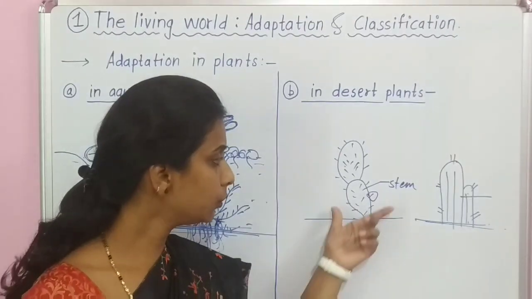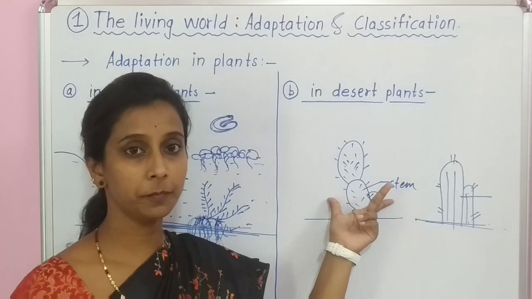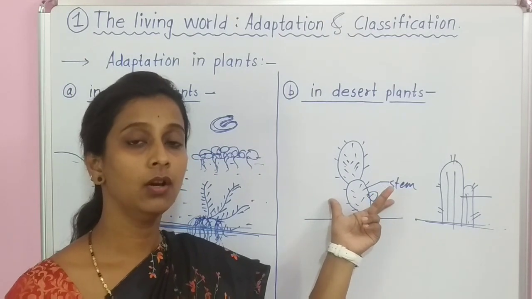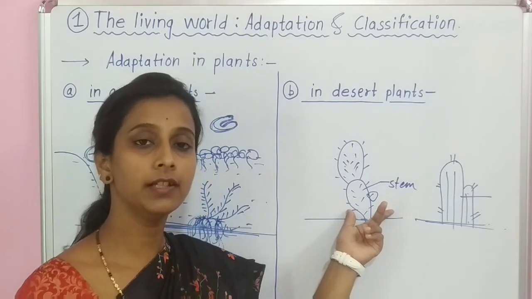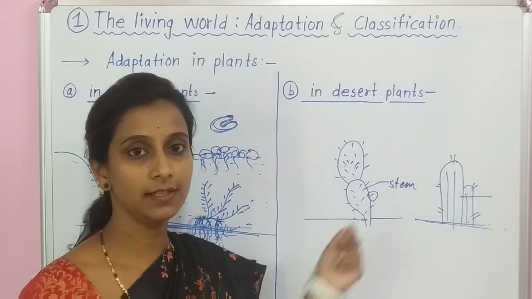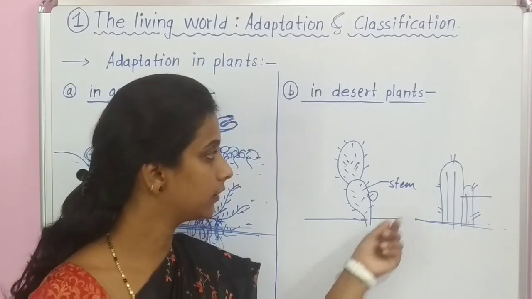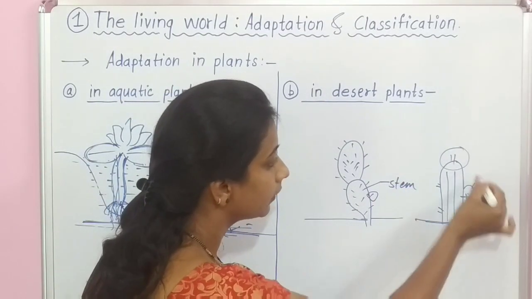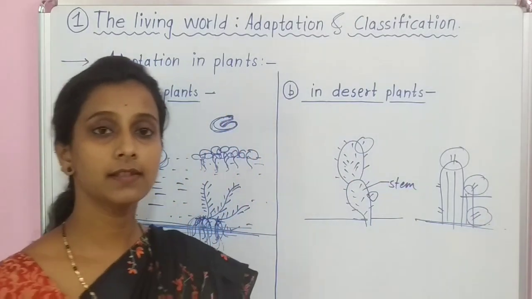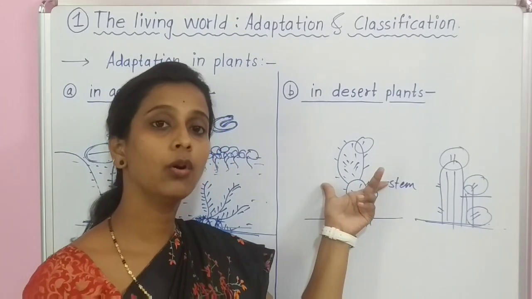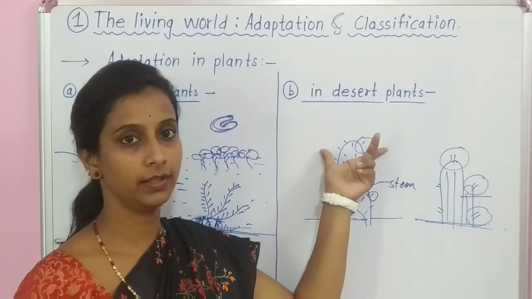So to avoid large scale evaporation, leaves are not present on desert plants, or we can say the leaves are changed into needle-like structures, or spines. See here, these are needle-like structures on these plants. We can say these are leafless, but they contain spines.